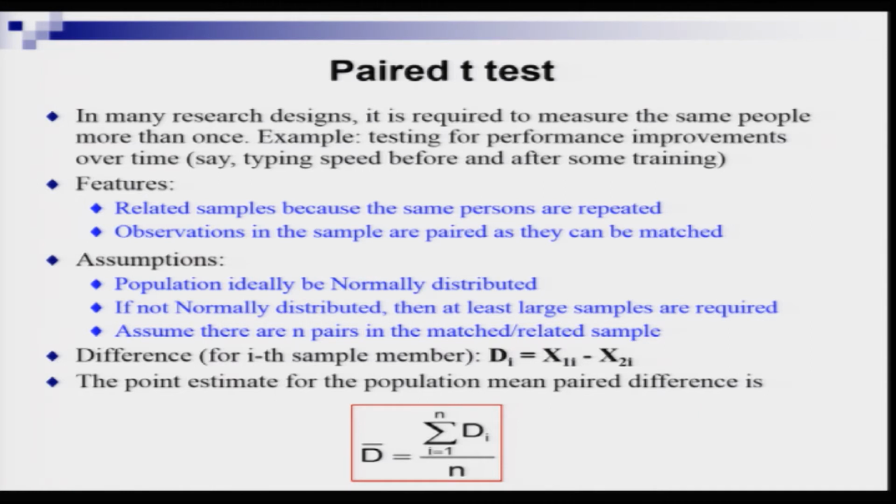That is the ith sample member who is common in these two groups x1 and x2. Then how do I define my point estimate for the population mean paired difference? Here is the formula. d bar is the notation that I am introducing as the point estimate, and you have to take the arithmetic mean of that variable d_i.